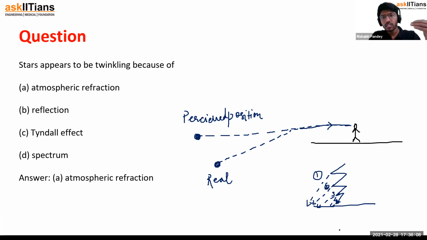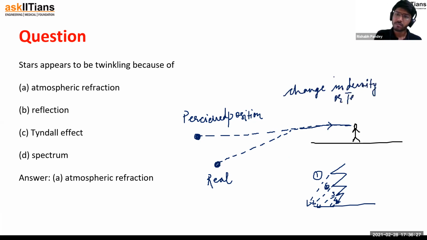So this constant change in the density of various rays ultimately results in the twinkling appearance of the stars, right? So this is basically the phenomenon of change in density or temperature, or even both can be the reason. Our sole purpose is just to make the light deviate. That's it. And yes, atmospheric refraction is the correct answer.